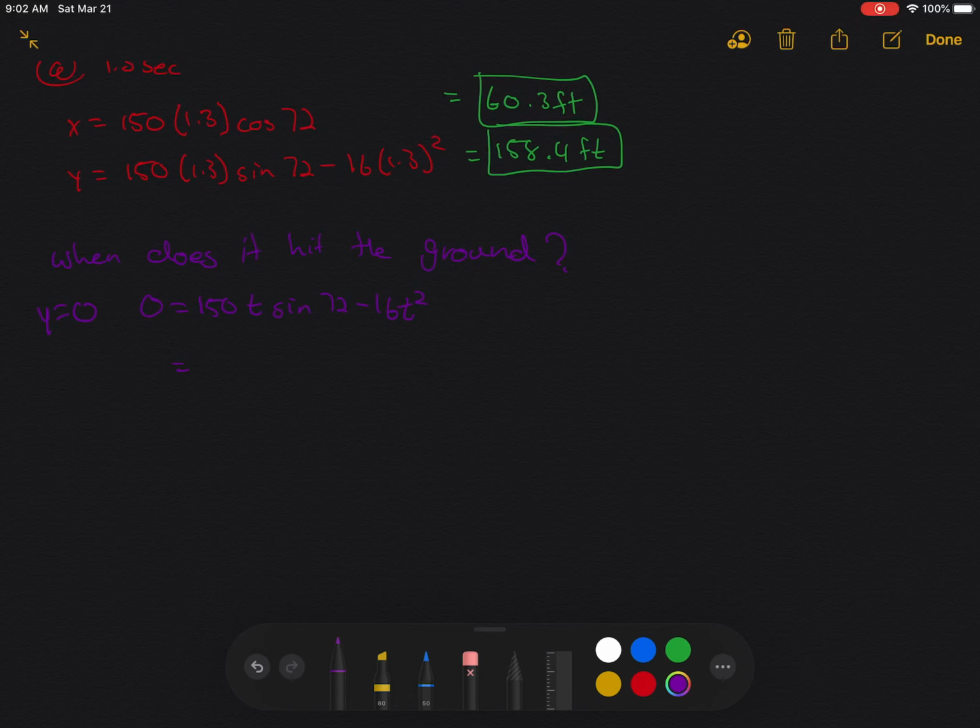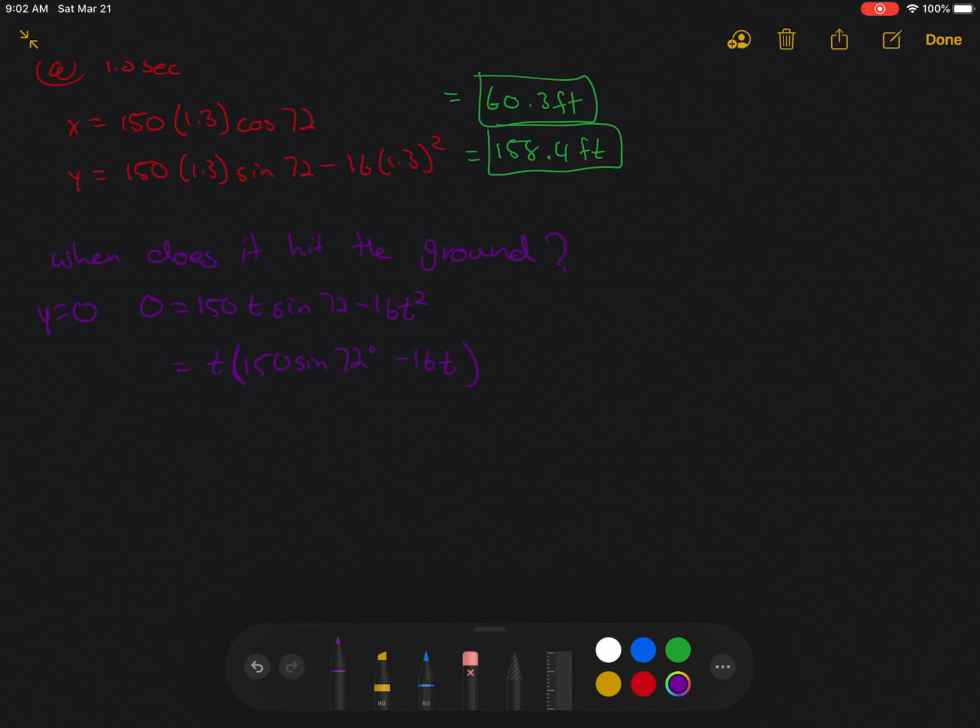If there was an extra number on the end, we'd have to use the quadratic formula, but luckily they didn't make us. One t is still left there, so that's 150 sine of 72 degrees minus 16t. I pulled that t out.